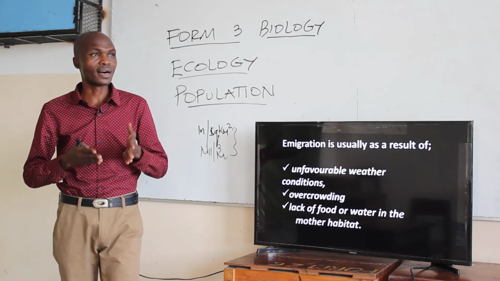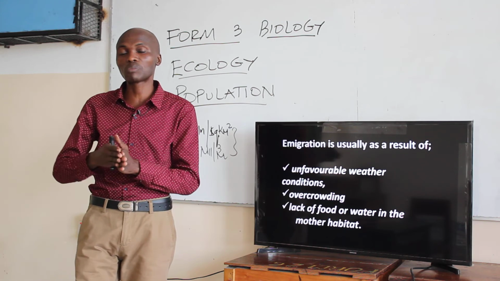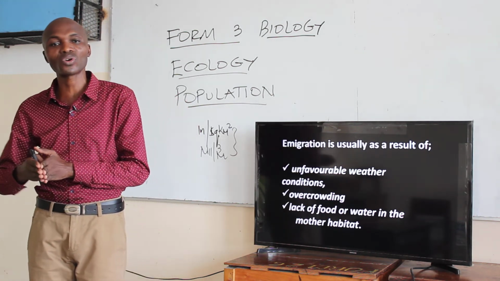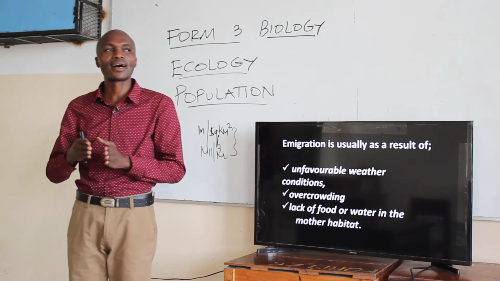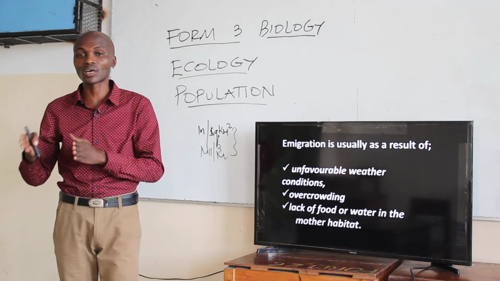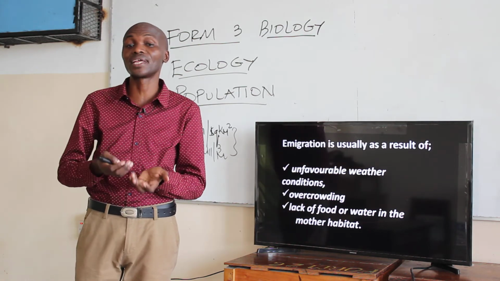That means the conditions in one habitat are not suitable for these living organisms, and therefore they move out to look for better environmental and weather conditions. The other factor that can cause emigration is overcrowding.